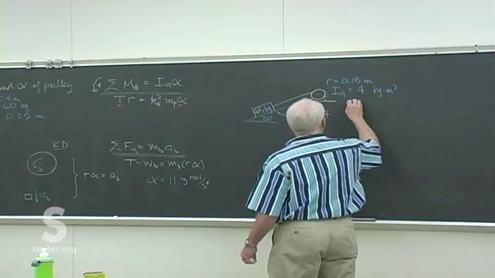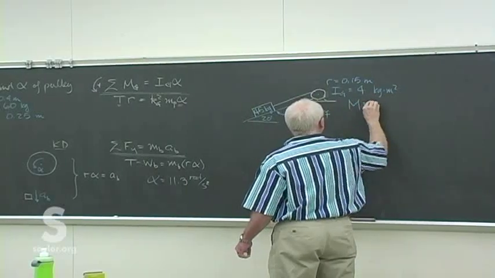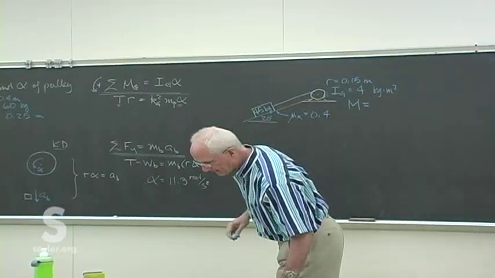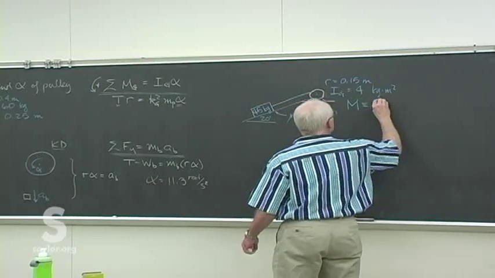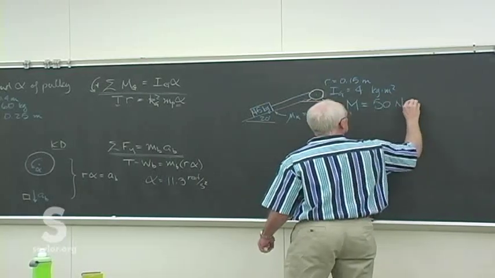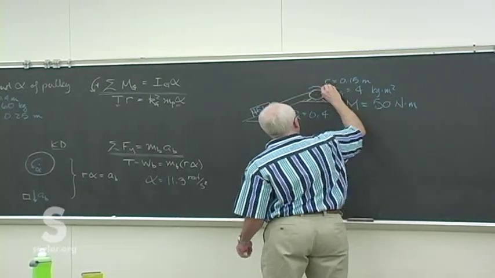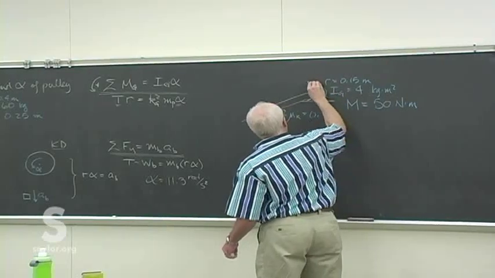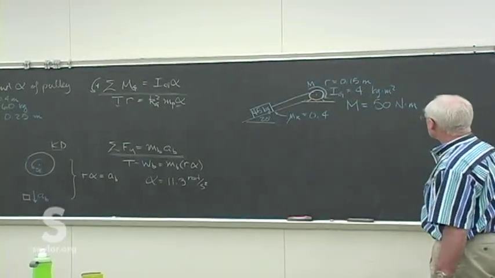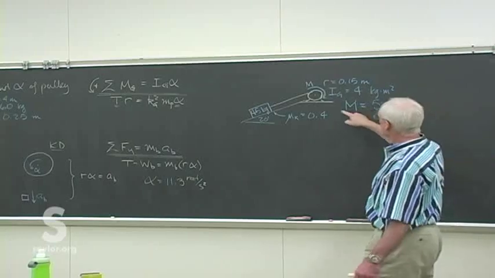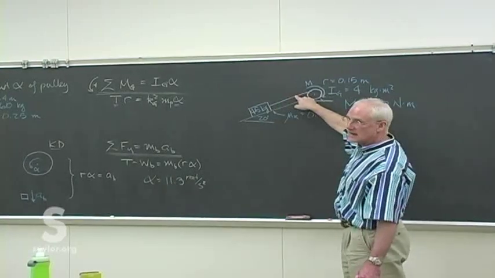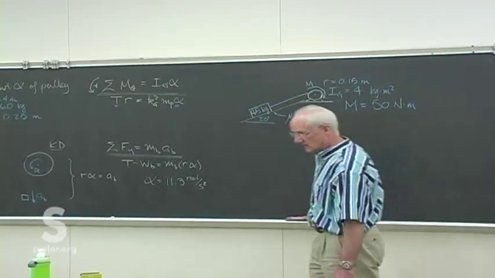And the moment applied by the motor to the pulley is 50 Newton meters. So that's the motor turning the pulley itself. So not only does the motor have to haul up the mass, it also has to get the pulley itself started.